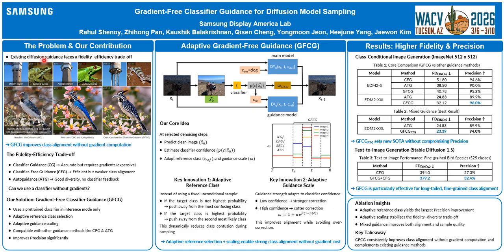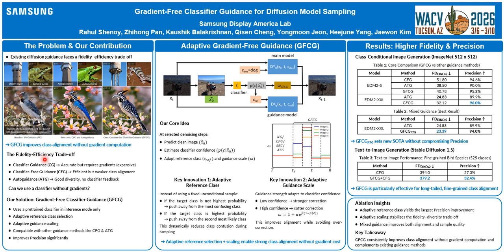Diffusion models have recently achieved remarkable results in image generation. However, guiding these models to generate images that accurately match a desired class or prompt remains challenging. As shown on the left side of the poster, existing diffusion guidance methods often face a fundamental trade-off between fidelity and efficiency.